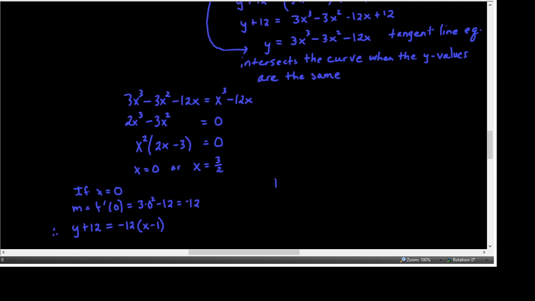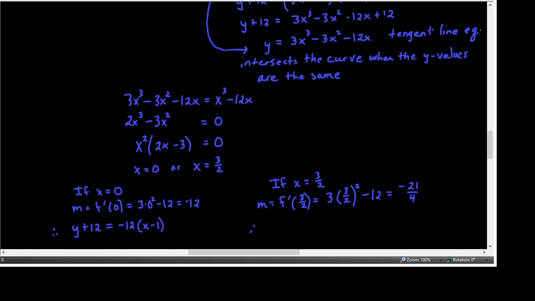Okay, then on the other hand, if x is 3/2, the slope of the line tangent to that curve will be found by substituting 3/2 into the derivative. So this will be 3 times 3/2 squared minus 12, which is negative 21/4.